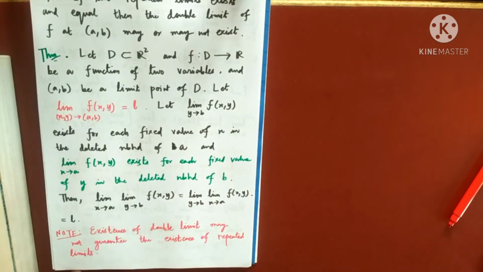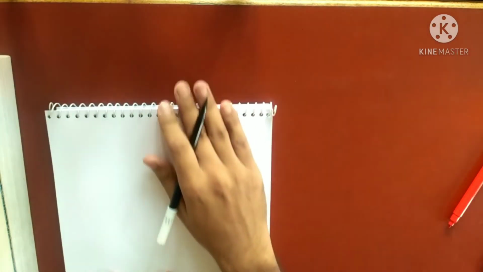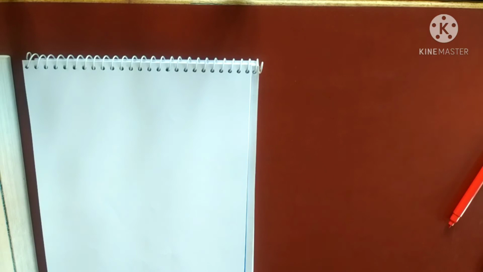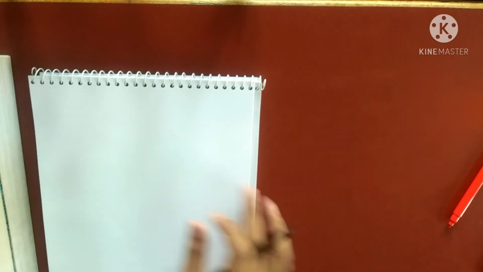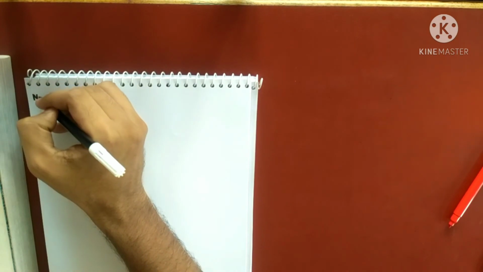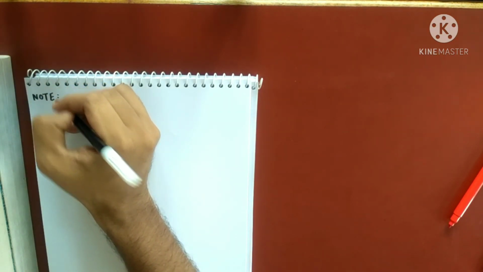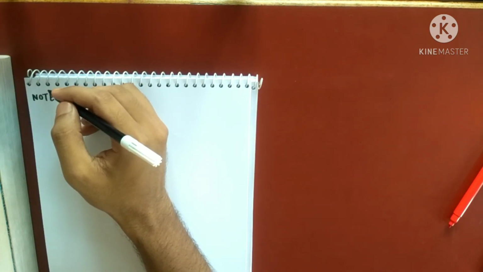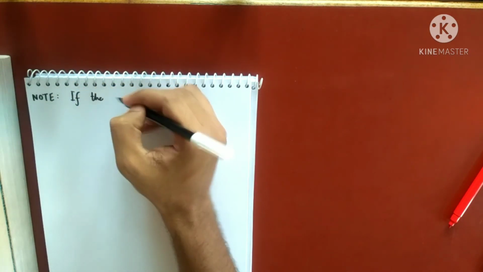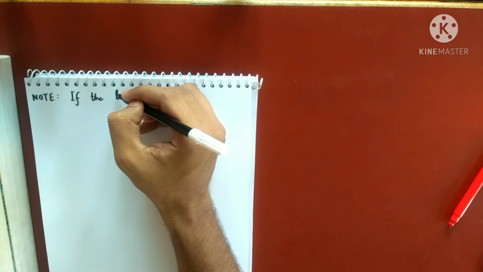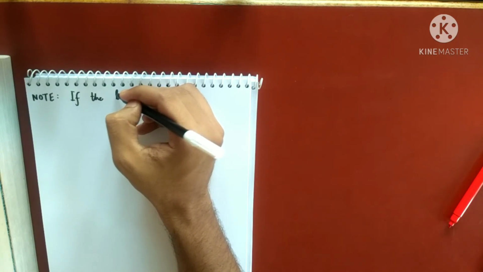So this is another note, and this is what I have as my last note. Now this is important. This is just the converse, or contrapositive statement, of the previous theorem.